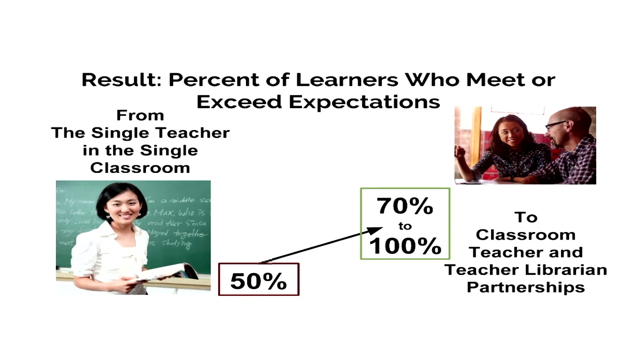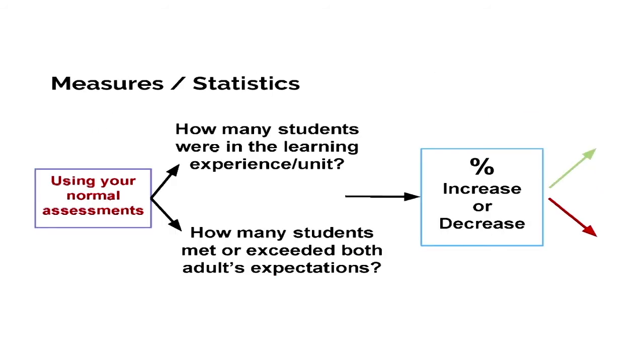Now, to me, that was absolutely huge because, for example, in a classroom of 30 students, alone the teacher might reach 15, but when you merged the classroom and the library Learning Commons and the two professionals, that went up over 20 to 30 students who were actually meeting or exceeding the expectations.